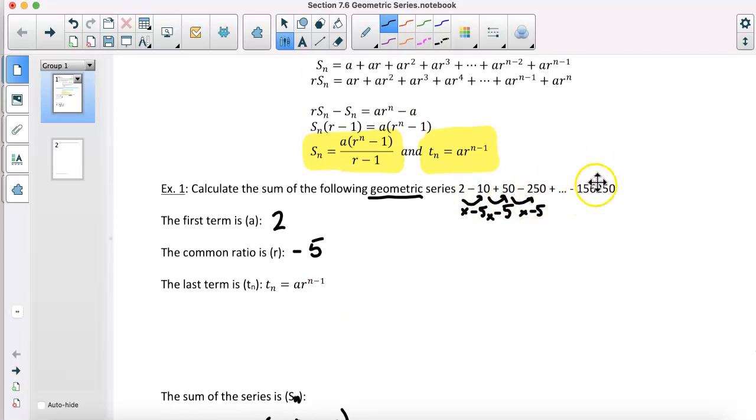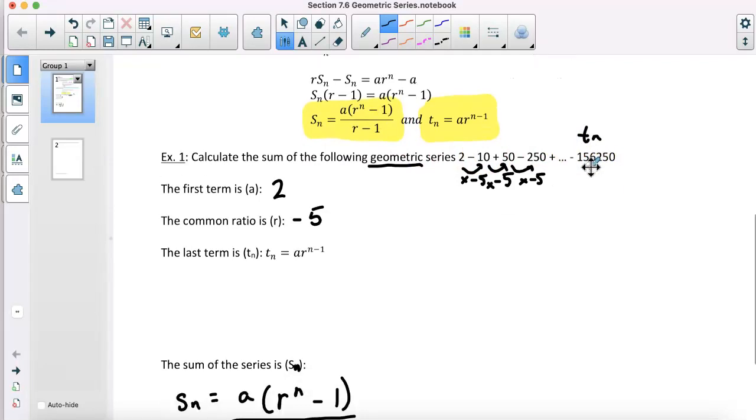What is this n for this 156,250? So what we can do is use that last term and solve for this missing n value. We have t_n, which is our last term, so we replace that with minus 156,250, and that's equal to 2, which is our a, the common ratio is minus 5, and then we have n minus 1.